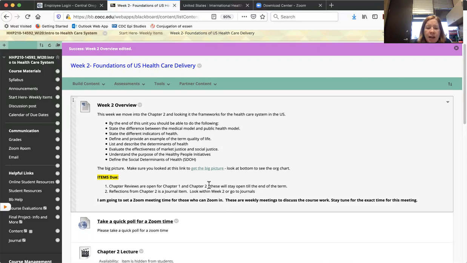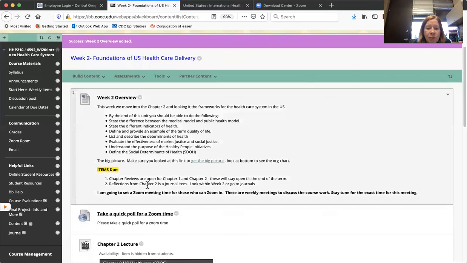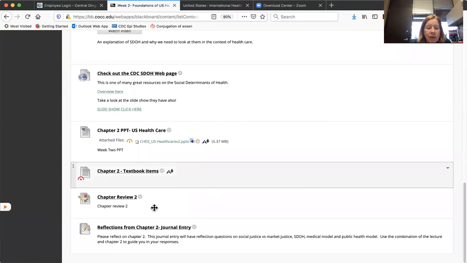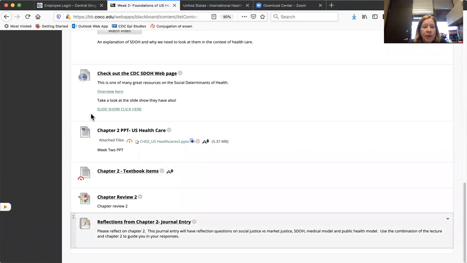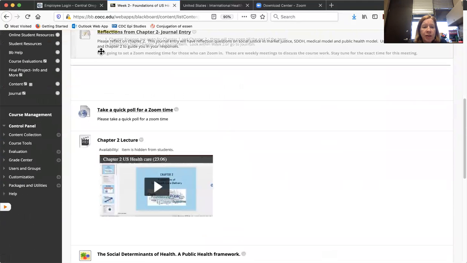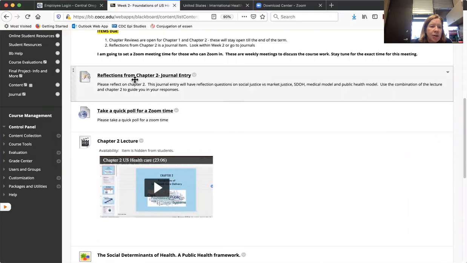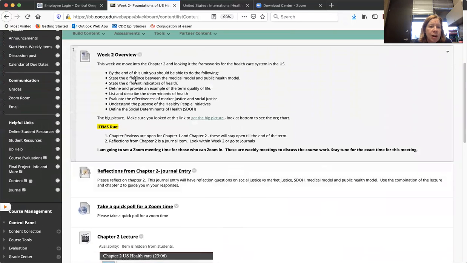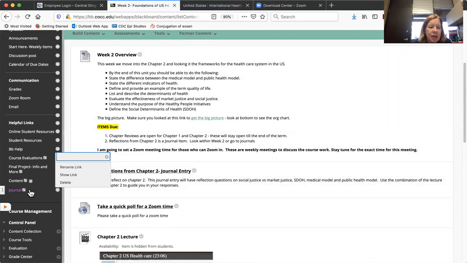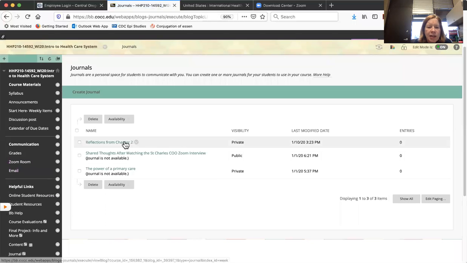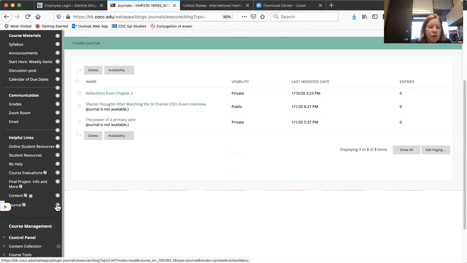And then for this week, I have a reflection post in a journal. Go ahead and move this journal item all the way up to the top so you don't have to scroll all the way to the bottom to find it. It's right here, but also I'm going to go ahead and make this link visible so that you can see it, but know that it's in your journals, underneath your journals.